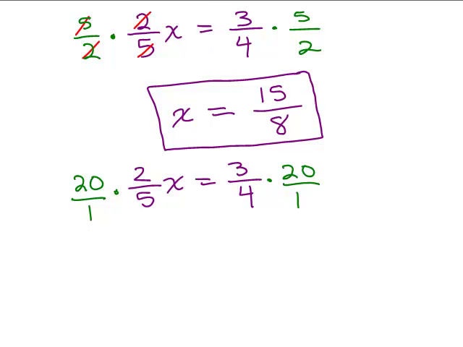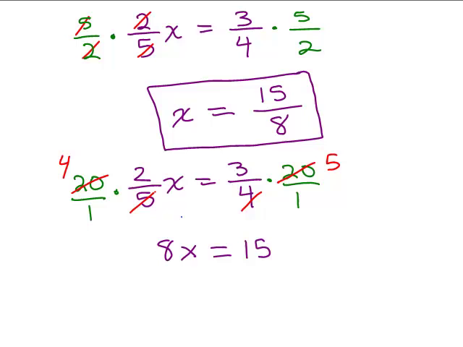All right, so what do we have here? The 5 cancels into the 20 and you have 4. The 4 cancels into the 20 and you get 5. So I'm left with this new equation, 4 times 2 times x, which is 8x equals, and over here I have 3 times 5. So I get an equation without fractions. That's what happens when you multiply both sides by the least common denominator.